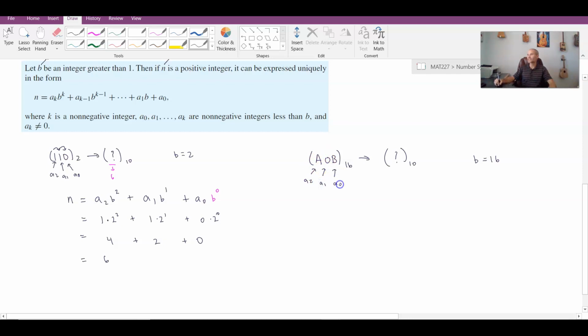Notice our indexing goes from 0 all the way up to the number of digits minus 1. So we actually have 3 digits, but we only go up to A2. So the base 10 representation will be A2 times B squared plus A1 times B to the first plus A0 times B to the 0.